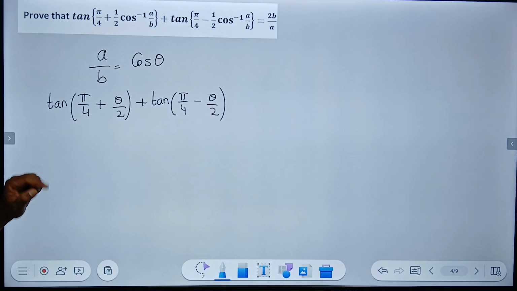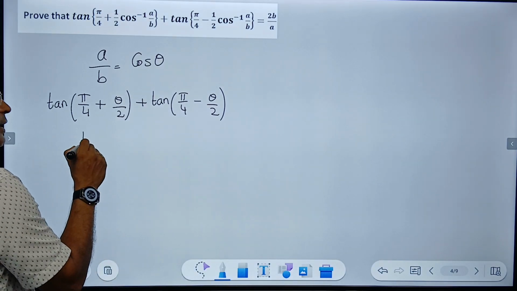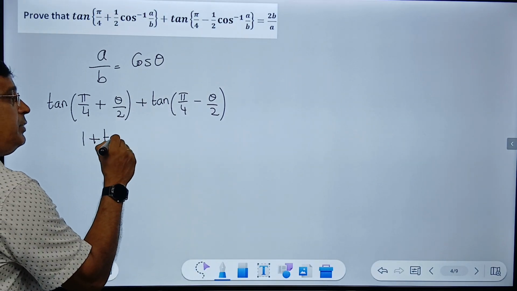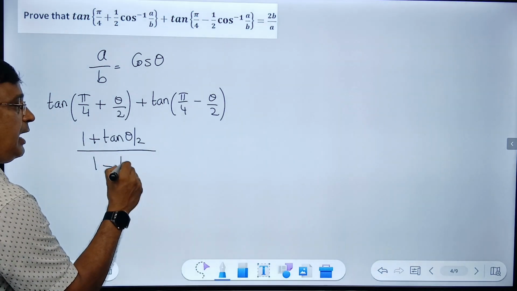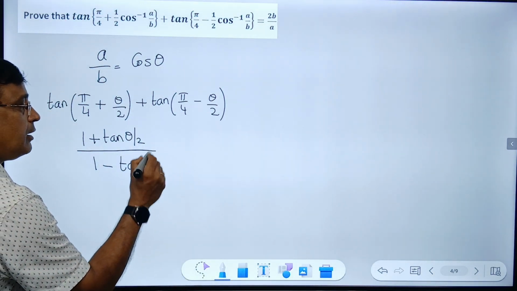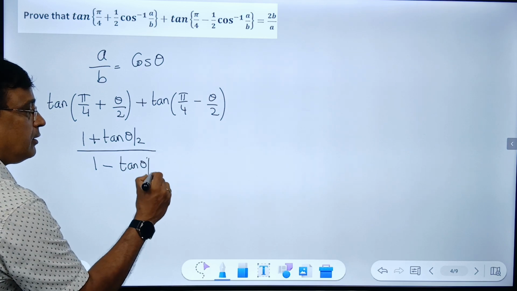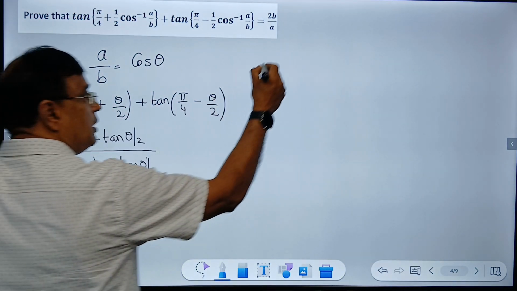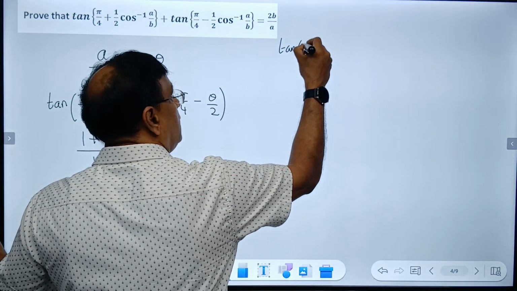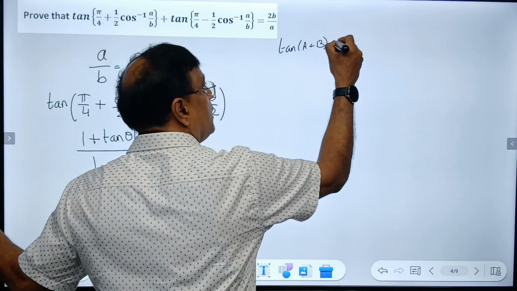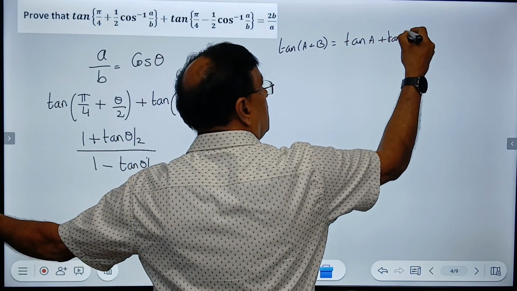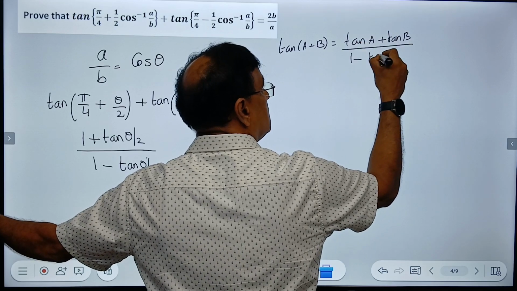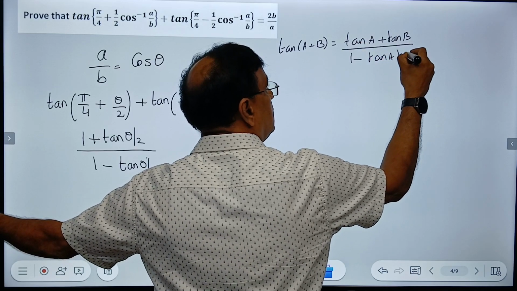Now what is the tan(a plus b) formula? Tan a plus tan b by 1 minus tan a tan b. I am using the tan(a plus b) formula. Tan(a plus b) is tan a plus tan b by 1 minus tan a tan b.